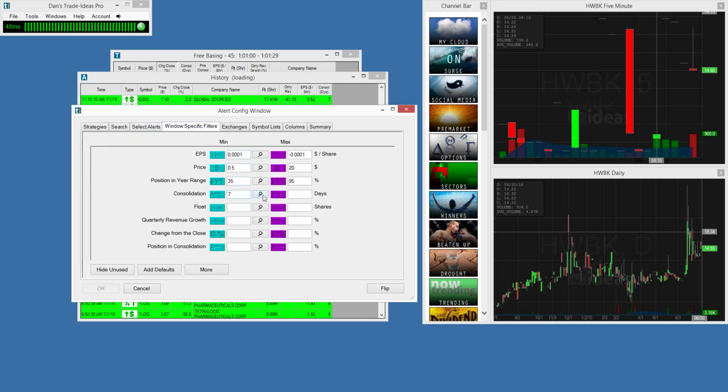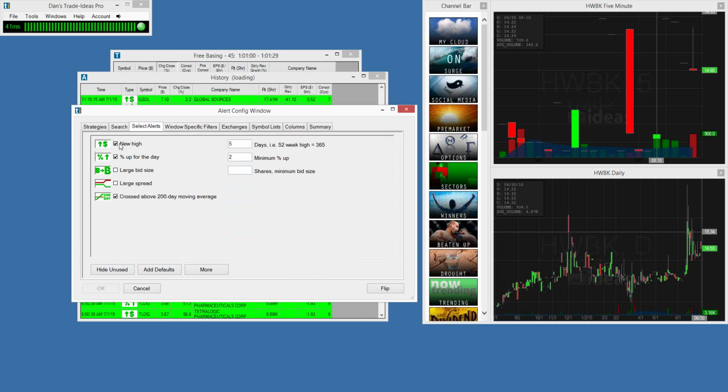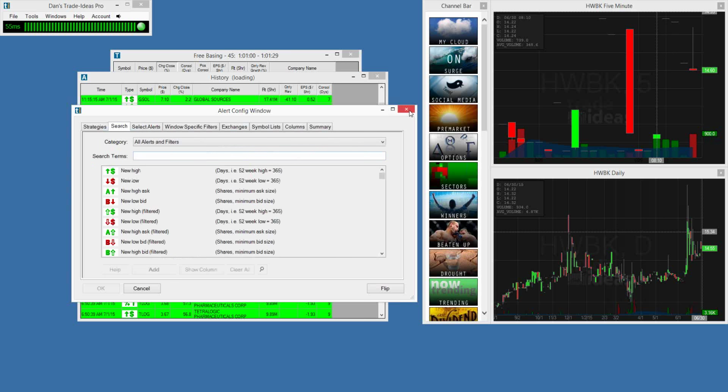So I had these filters in there when I collaborated it, but then I said the alert. So I said basically everything in that kind of a list, I only want to see it if it's making either a 5-day high up to 2% or crossed above the 200-day moving average. So that's how I did it, okay? So once I had all the filters from the top list already preset in the alert window, I just selected the alerts. And it was very simple.